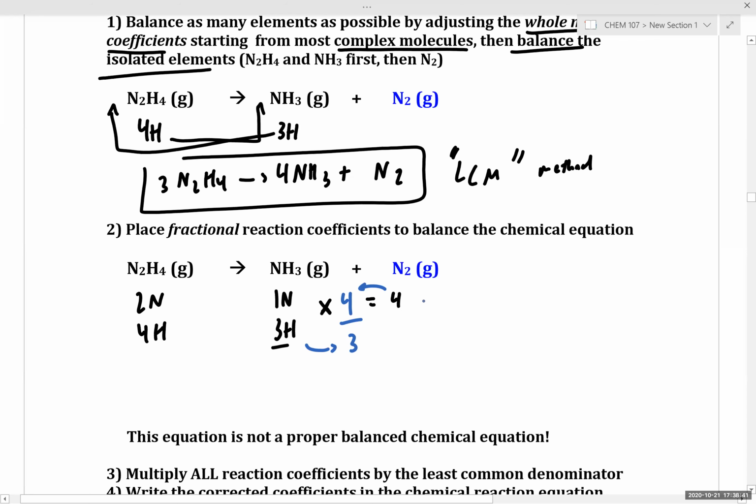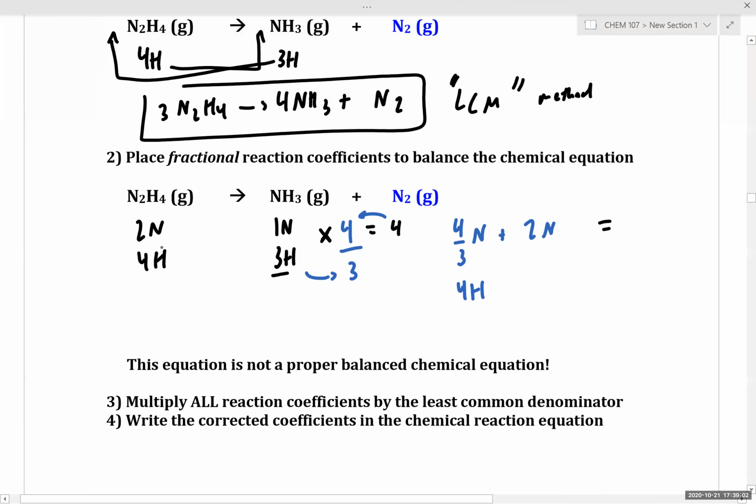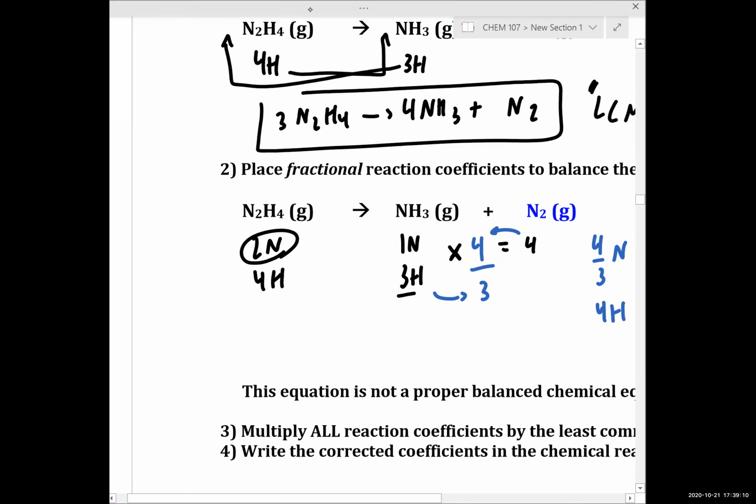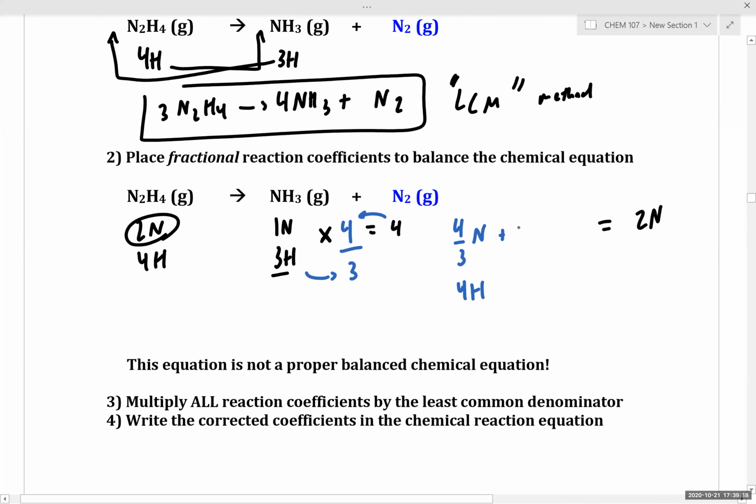Okay, so if we revise our counts now, we have 4/3 nitrogen, we have 4 hydrogens, and we have 2 nitrogens from N2. Okay, so it appears like we're getting somewhere here. So just like before, if we want our total number of nitrogens to match the 2 nitrogens on the right, we're now going to guess coefficients for N2.